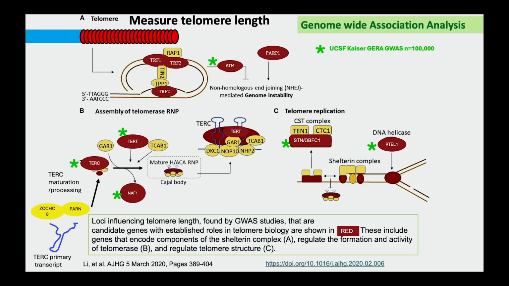And there are known pathways of the biogenesis of the ribonuclear protein telomerase, coming up from the bottom left. And then there's the DNA replication, which has to have special things going on related to the ends of the DNA, as Tom's lab has been actively studying. And so we have a whole lot of players.